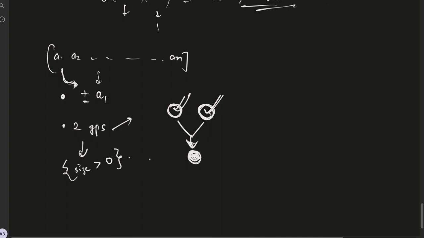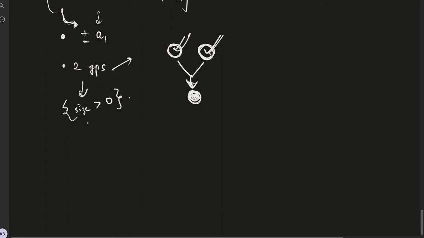Let's say all a1 to an are positive. Since both the groups must contain at least one element, let's say the array is 1, 3, 4, 5.